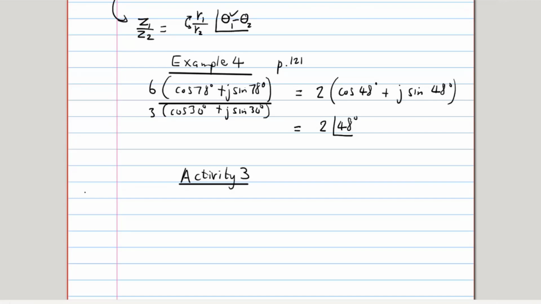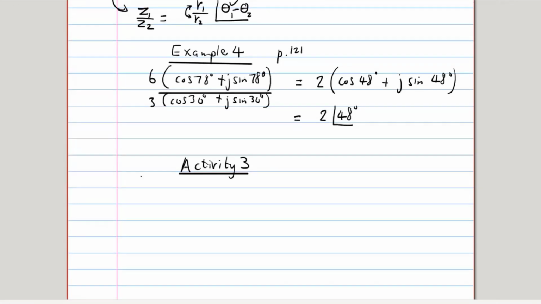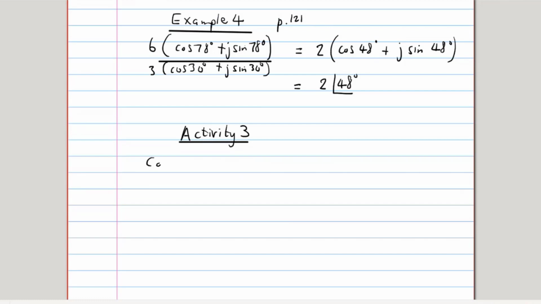So this one, they say calculate A. They say 15 at 135 degrees, and we have to divide that by, so this is division of the polar form, 3 at 75 degrees, right?